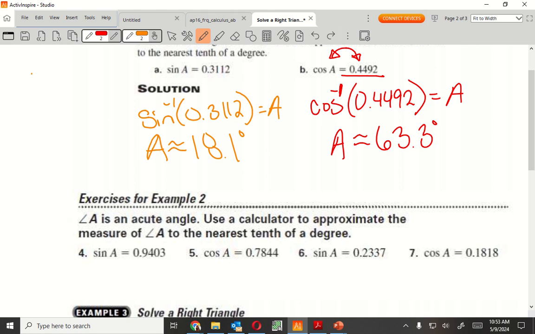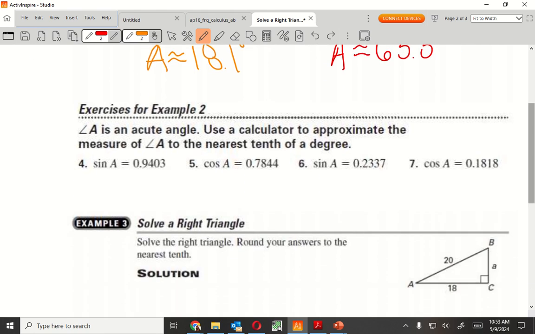Okay, good. Well, we smart. All right. So what do we get for the first one? 70 point what? 70.1? Okay. What do we get for 5? 72?